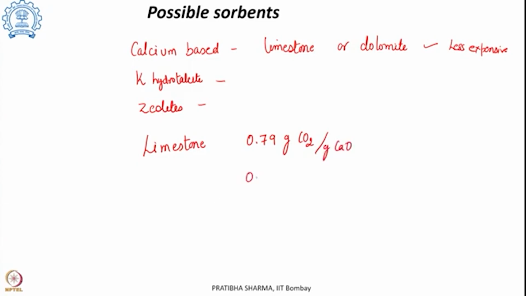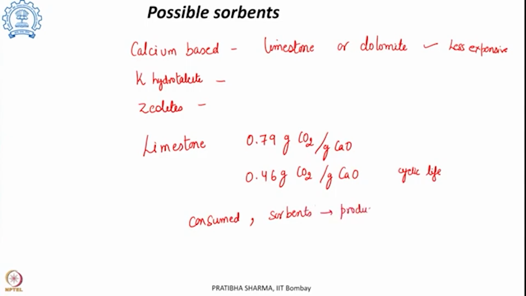However, dolomite, although it takes up a little lower amount of carbon dioxide, has a very good cycle life or very good durability. Other than that, there are several other sorbents which can be used. In some cases these sorbents are consumed. However, these sorbents convert into a product which can be regenerated back to get the initial sorbent in the whole process.